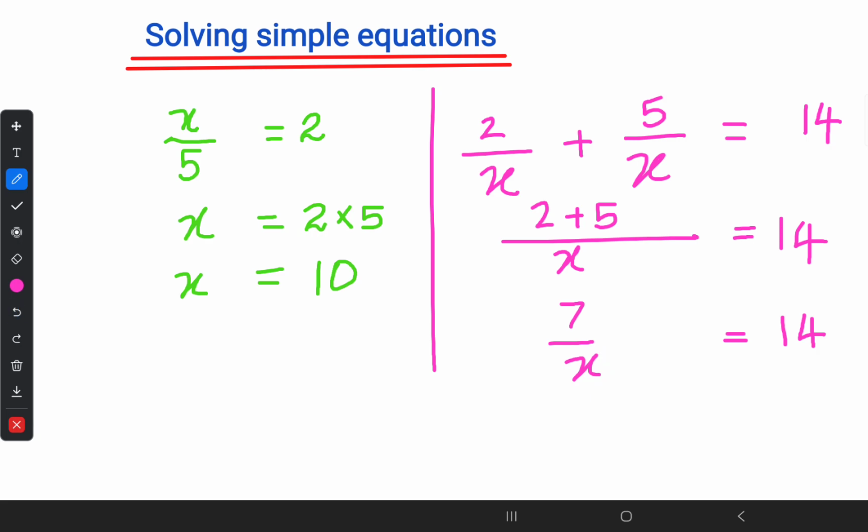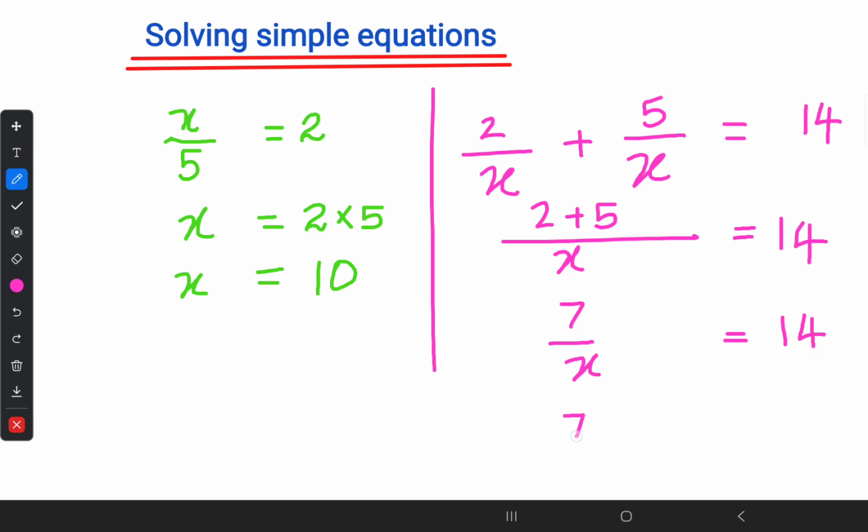Now by solving this, we need to find the answer for x. Here we cannot find x directly because it is in denominator form. You have to bring that denominator to the other side as a multiplicand. So what is happening here? 7 divided by x equals 14. We don't want 7 divided by x. We just want the solution for x only.